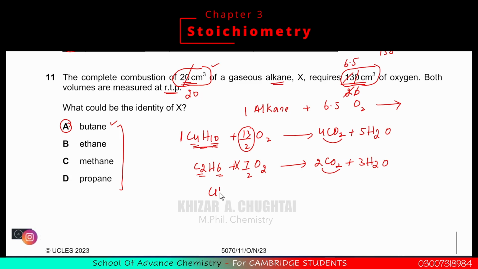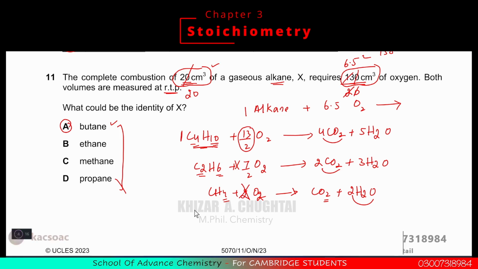Methane, that is CH4 plus oxygen goes to 1 mole of carbon dioxide and half of hydrogen, that is equal to 2 mole of water over here. So what is the answer basically for oxygen? 2 plus 2, 4. So I'm going to write 2. It's a balanced equation. Again, it's incorrect. We need 6.5 mole of oxygen.